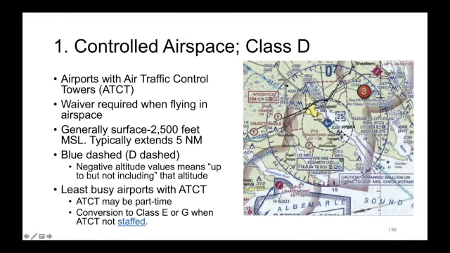May even be part-time. These Class Ds may only operate from 7 a.m. to 7 p.m. And then after 7 p.m., it reverts back to Class Golf airspace. The air traffic controller may be closed on Saturday and Sunday. The tower may not be active. If that's the case on Saturday and Sunday, it may revert back to Class Golf airspace, and you can go and fly and not worry about it.